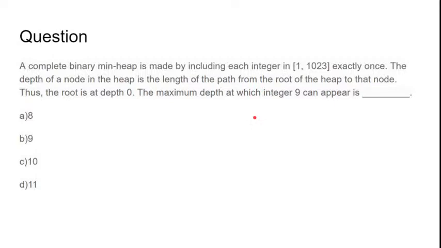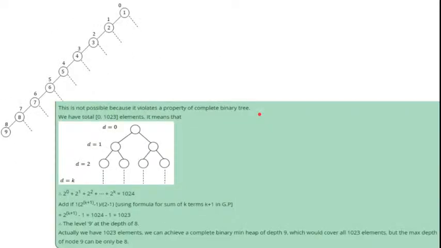The maximum depth at which integer 9 can appear is 8. This is not possible because it violates the property of a complete binary tree. We have the range of 1023 elements, so here the depth for the ninth element is 8.